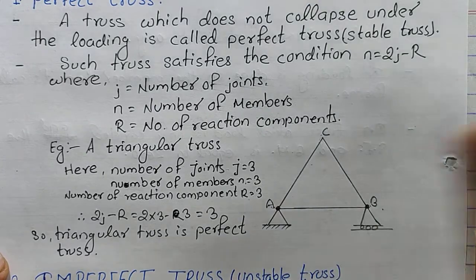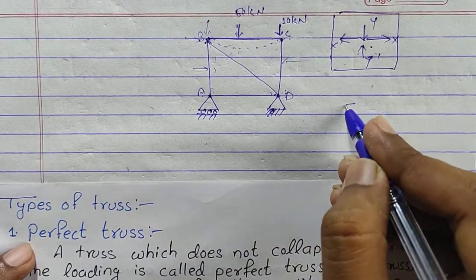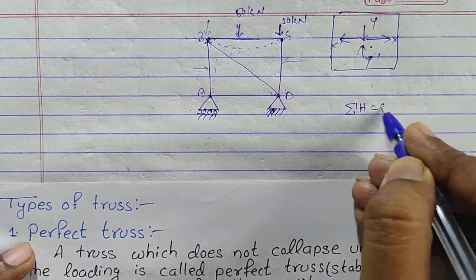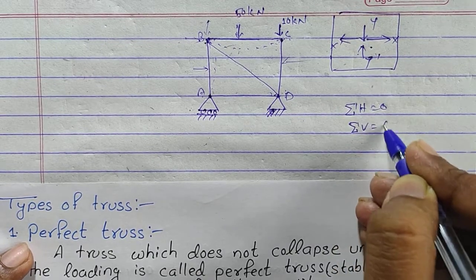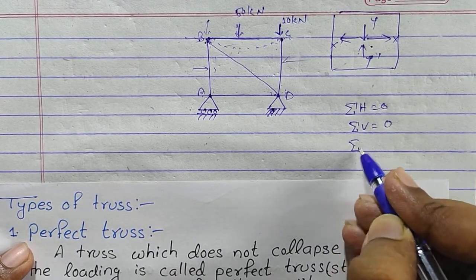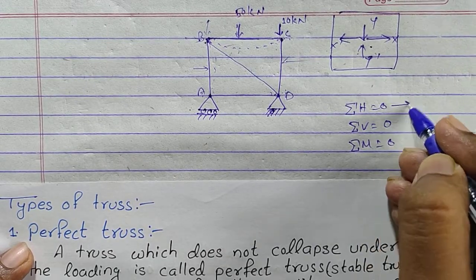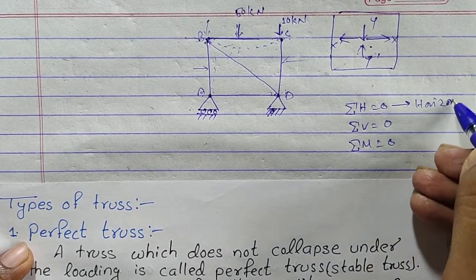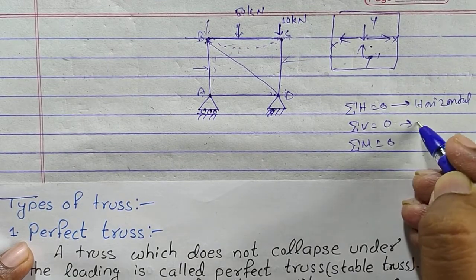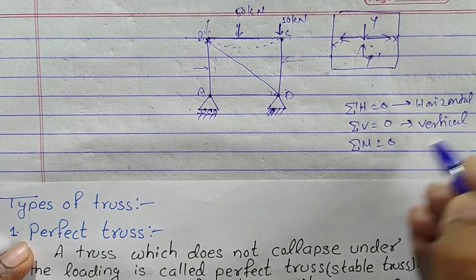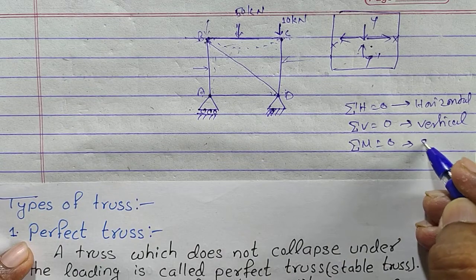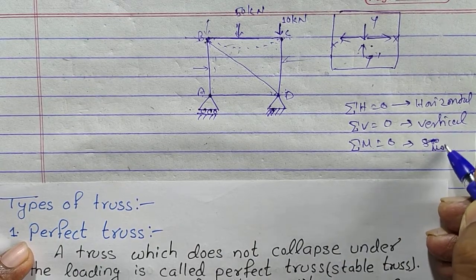There are three reaction components: summation H is equal to 0, summation V is equal to 0, and summation M is equal to 0. Here summation H is the sum of loads in the horizontal direction, summation V is the sum of loads in the vertical direction, and summation M is the sum of moments.